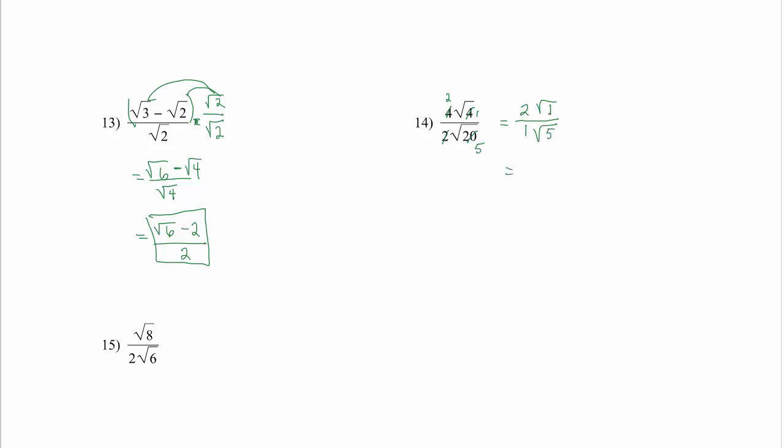Well, what's the square root of 1? It's just 1. 2 times 1 over 1 times root 5 is really 2 divided by square root of 5. But we can't leave that square root of 5 in the denominator. We're going to multiply the top and the bottom by the square root of 5. We're going to rationalize that denominator. So 2 times square root of 5 is 2 square roots of 5 over the square root of 25, and that leaves us with 2 square roots of 5 all over 5.